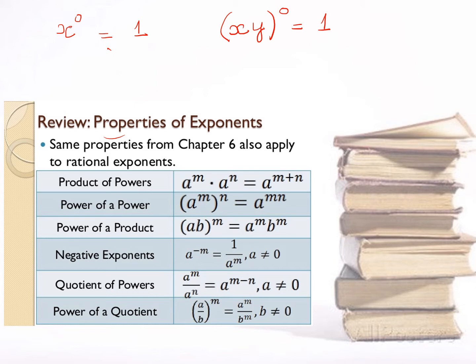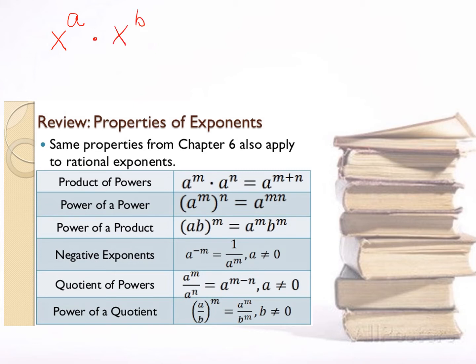Now let's check what our second property states. The second property says that if two expressions are multiplying with each other having the same base, then the powers will be added together. What does it mean? For example, if I have x to the power a times x to the power b.